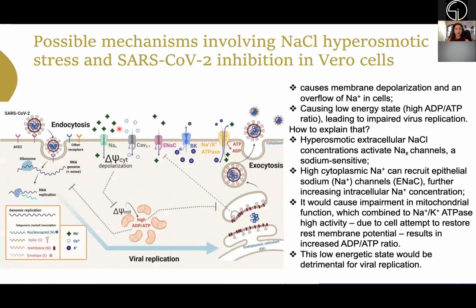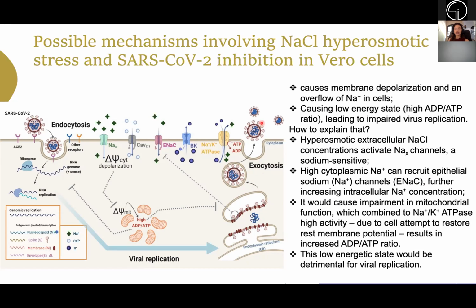How? So we propose a mechanism for how this could be happening. We have the virus attached by the spike to the ACE2, you have the entrance of the virus, and the normal cycle of the virus: the replication of the genome of the virus, and also the production in the endoplasmic reticulum of different proteins, including the spike, until you have the release of the virus by an exocytosis mechanism. So what do we think is happening?